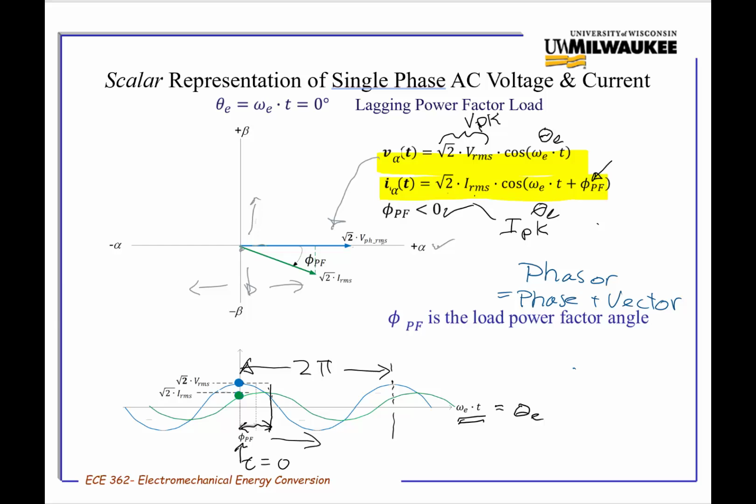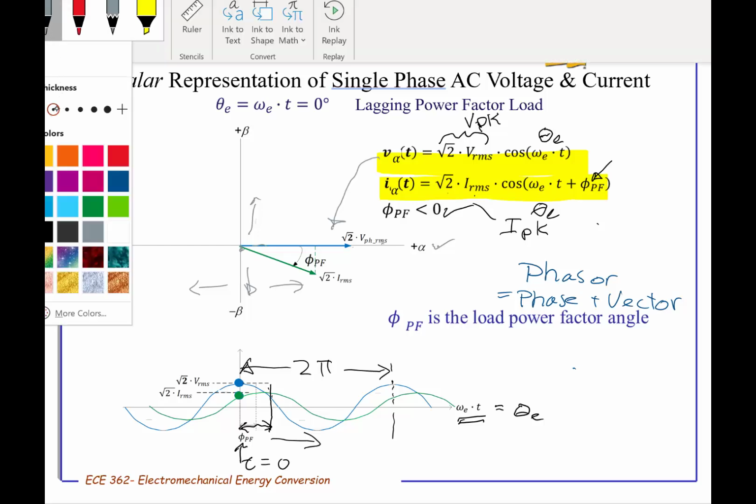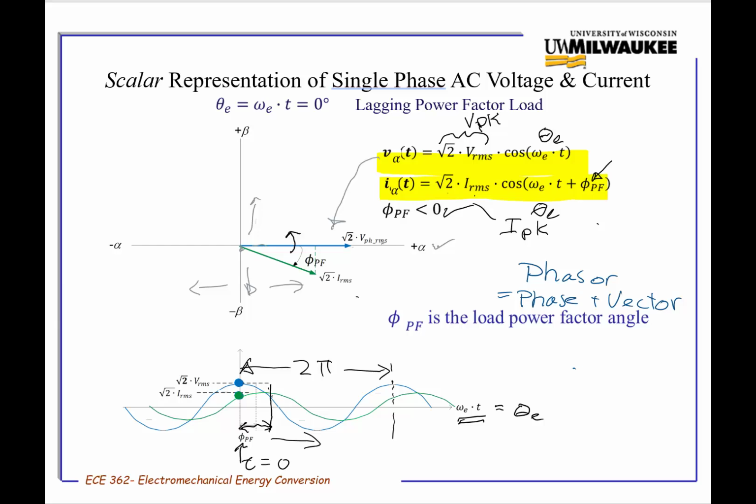And what we're saying is I have a phasor that's going to be rotating at an angular velocity of omega e. Both of these vectors, the blue one, which represents the voltage, and the green one, which represents the current, are going to stay fixed in their relationship to each other by this angle phi pf, the power factor angle, but they're both going to be moving at a rate of omega e.